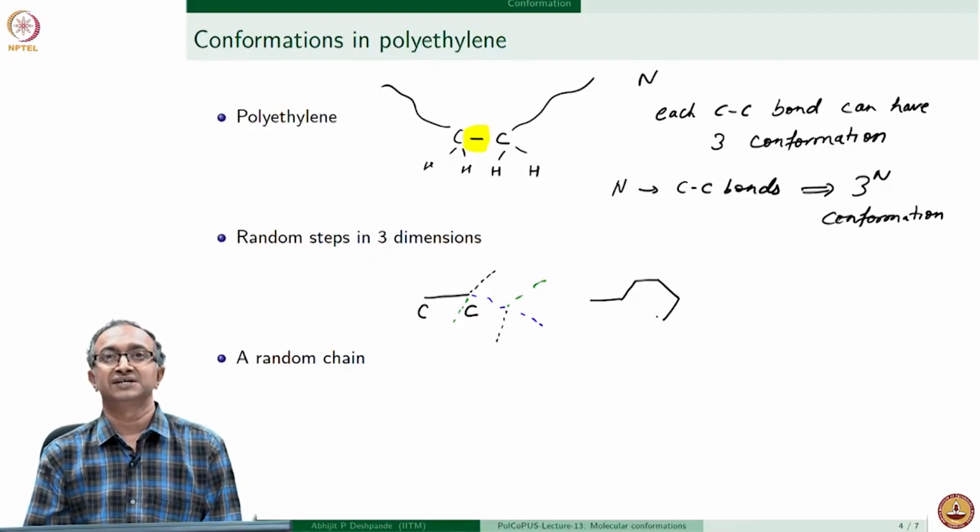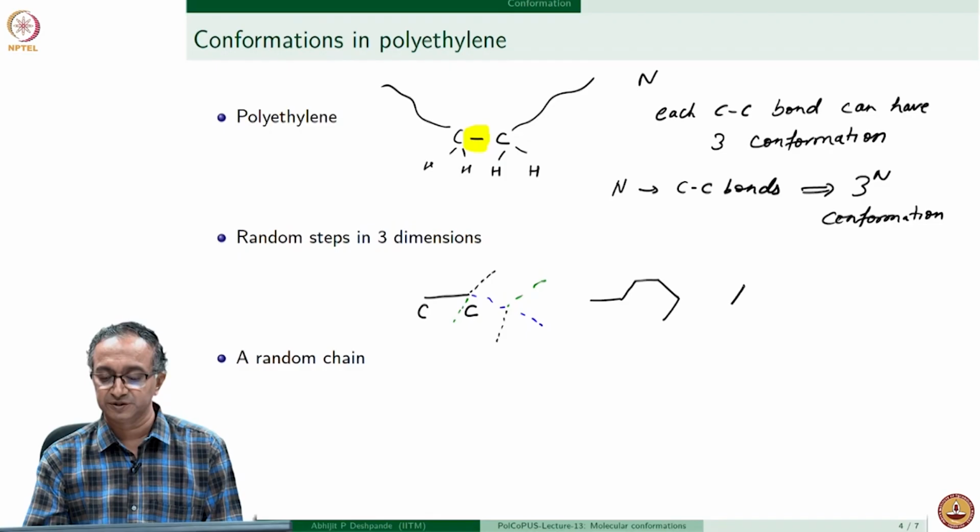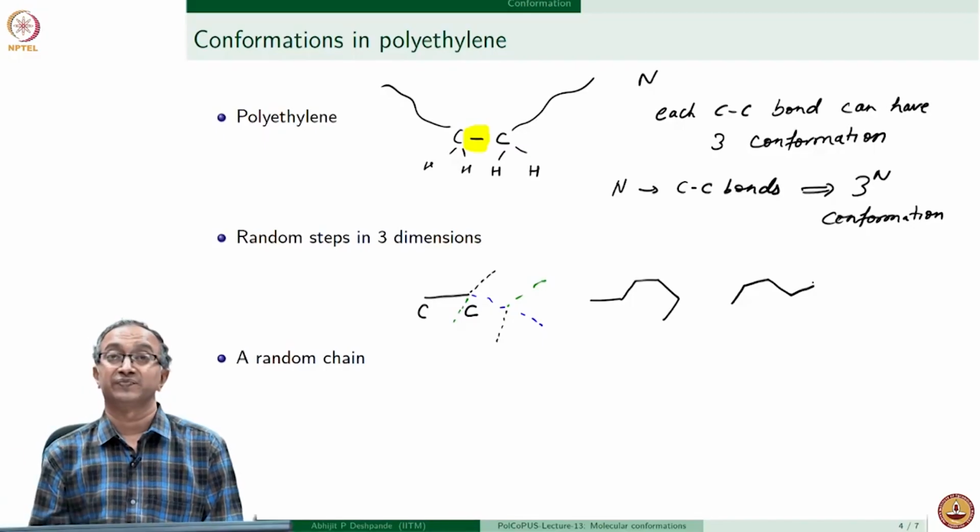And so what I am drawing is a snapshot of a conformation of a polymer chain. Same polymer in the next instant of time could be first bond, second bond, third bond, fourth bond, and so on.